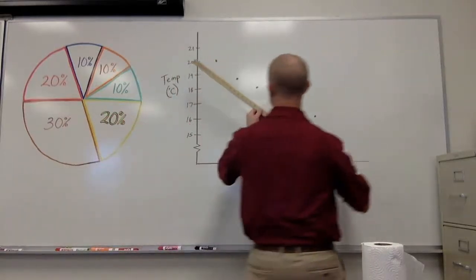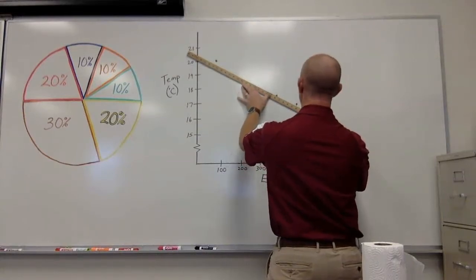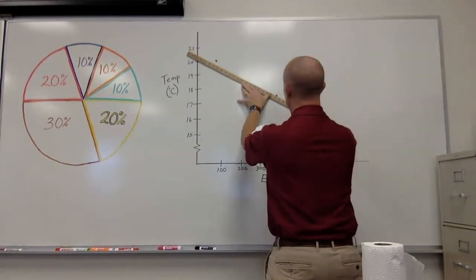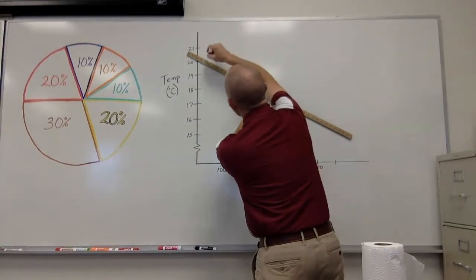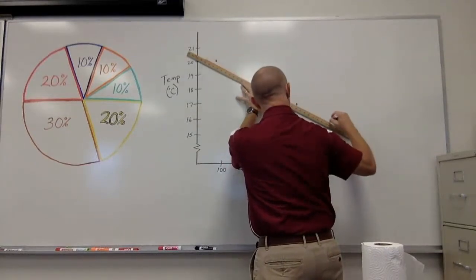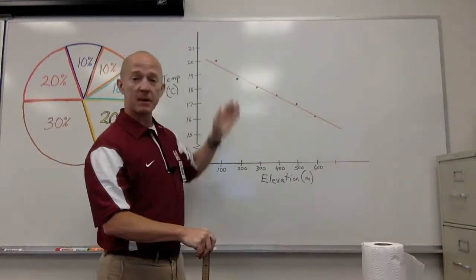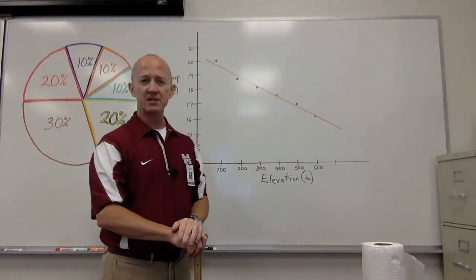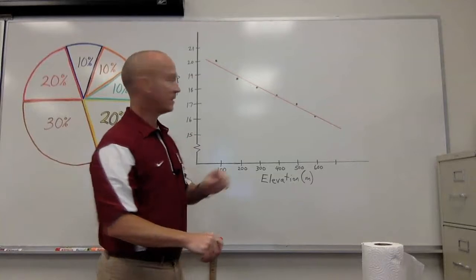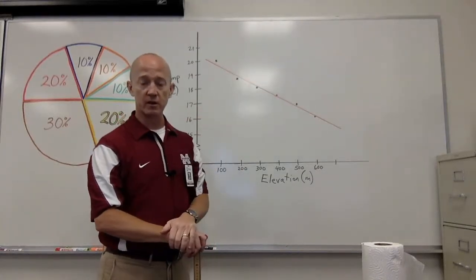I'm going to take a straight edge and I'm going to place it on my graph so that it's going to come in contact with most of my points, but it might not hit all of them. The line may not hit every point exactly, but it's still a best fit. It's as close as I can get to allow all those to be close to the line.